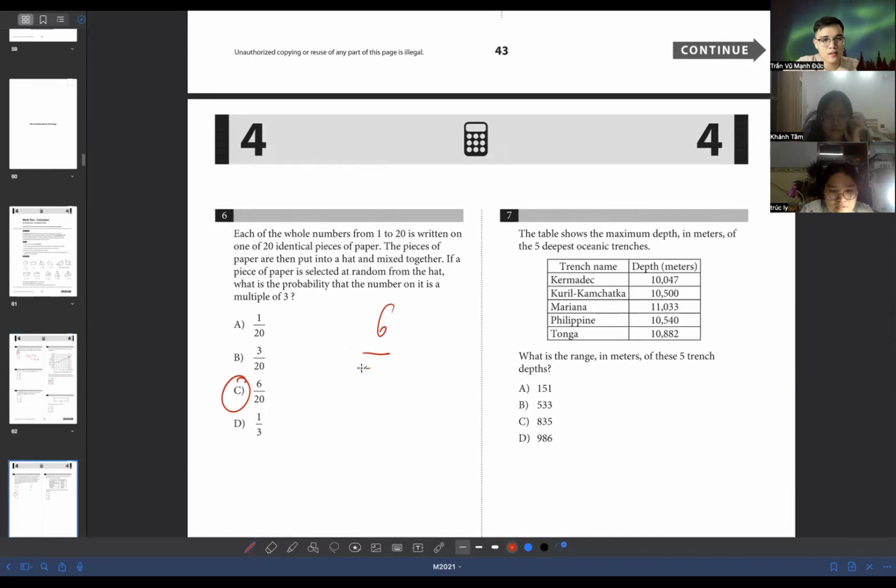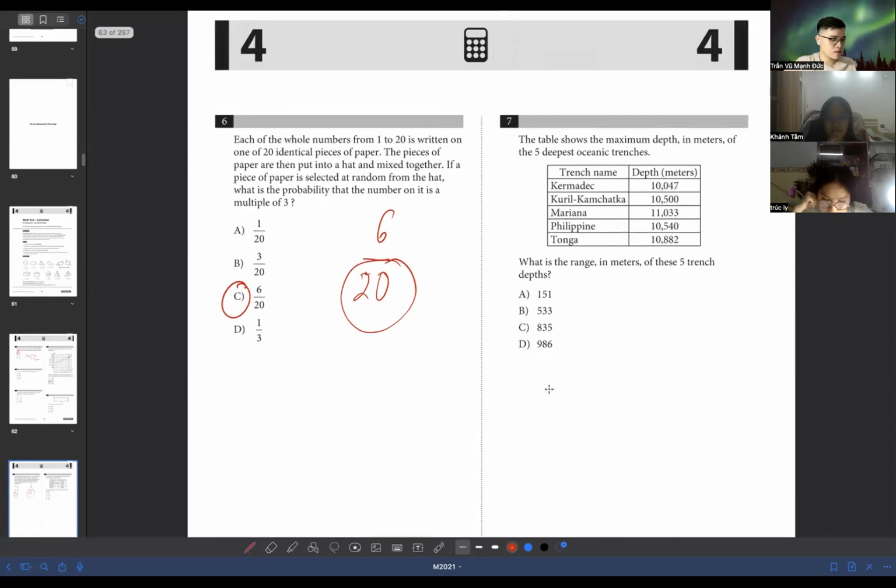All right, 6 divided by 20. This is the largest population, which is 20 whole numbers, so you put that in the denominator, and 6 is the amount of numbers you're choosing that satisfies the condition. So you put 6 over 20. Very good.